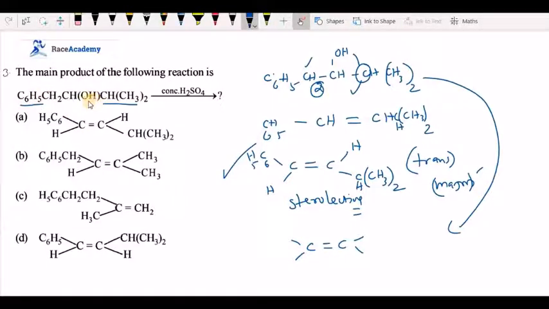So if you check with this one, if you remove this hydrogen and this OH, then the product is C6H5 CH2, and here we have CH, this is CH3, this is CH3. This is exactly what is shown as the B option. This is shown in our D option, and this B option whatever is shown is called regioselective.